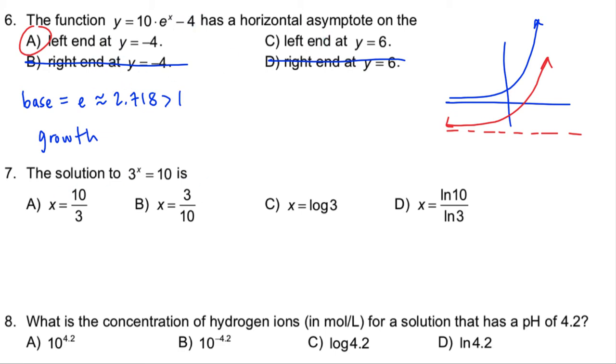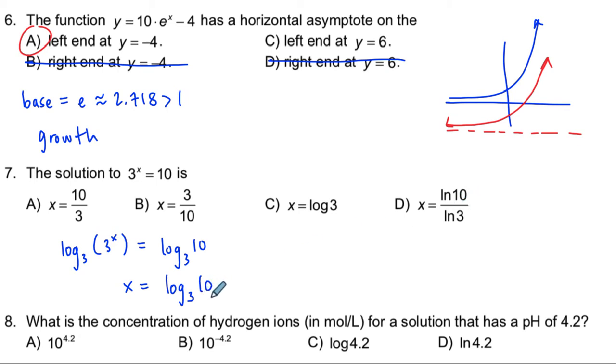In number 7, we want to solve for x. Since x is in the exponent, this is an exponential equation, and we undo what's being done to x, which is apply log base 3 to both sides of the equation. There are other approaches to solving this equation, and one might be just to apply the natural logarithm directly. We see that log base 3 of 10 is none of these answers.